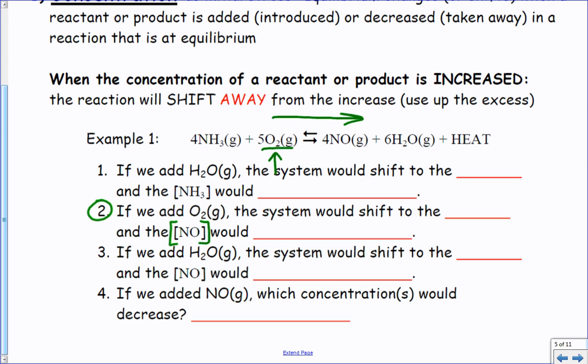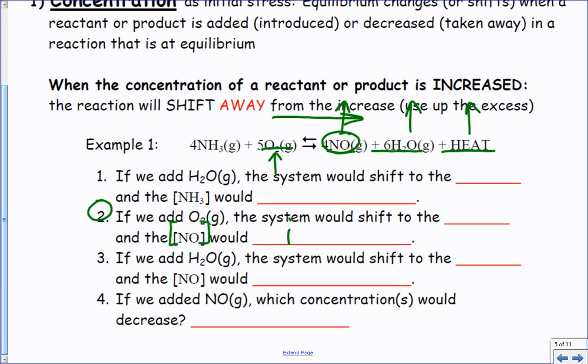That means everything on this side, all of it, will increase. I go away from what I add. So the concentration of my NO will increase because I shift to the right. Okay, that's how it works.